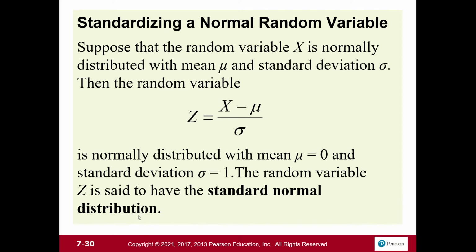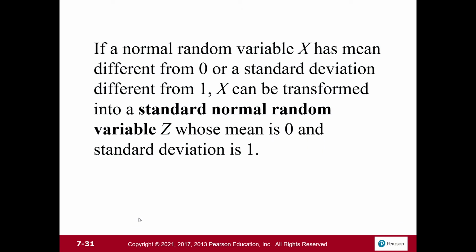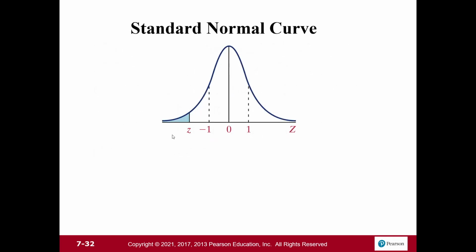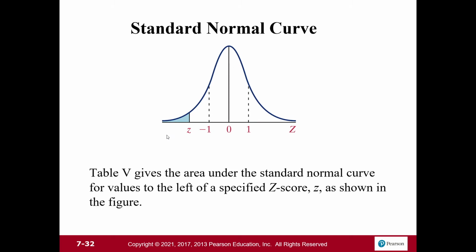So if a normal random variable x has a mean different from 0 or a standard deviation different from 1, x can be transformed into the standard normal random variable whose mean is 0 and standard deviation is 1. And so here's your standard normal curve. Table V gives the area under the standard normal curve for the values to the left.